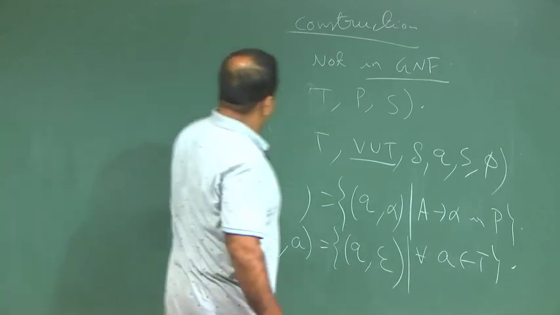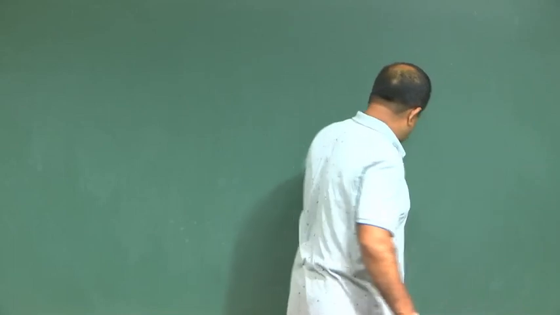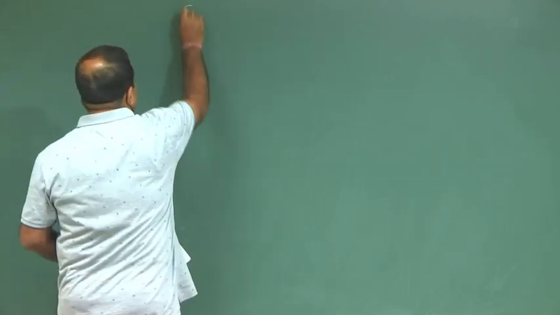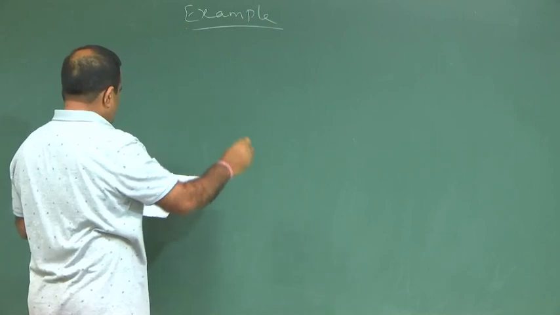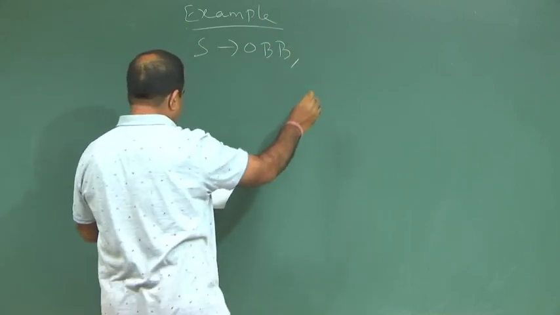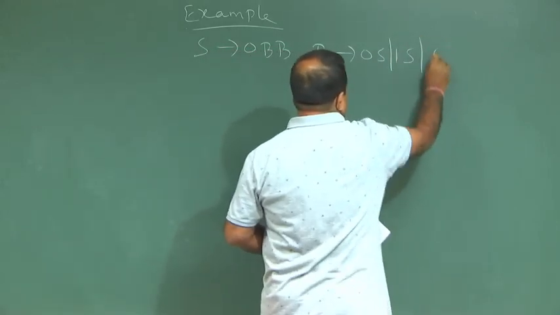The same example we can take, but using this alternative construction. So, S is going to 0 B B and B is going to 0 S or 1 S or 0.